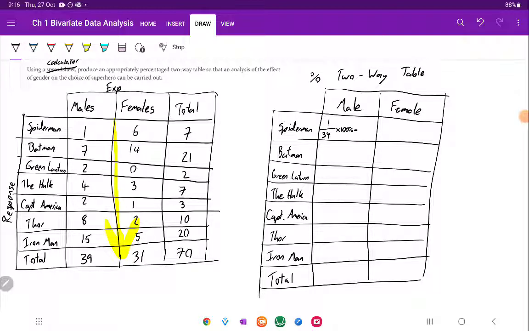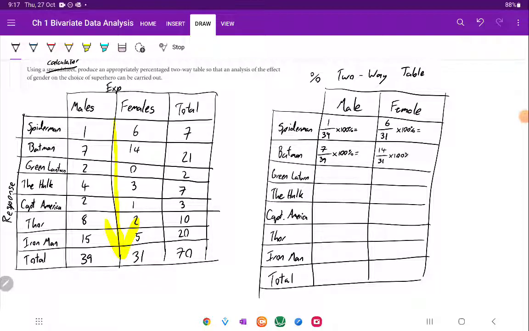For the females for Spider-Man, I'm going to take the number of females who liked Spider-Man and divide it by the total number of females, in this case 31. Alrighty, and now I can start working out these percentages. You'll notice for Batman, for males, 7 of them out of 39 liked Batman, whereas for the females, 14 out of the 31 liked Batman.